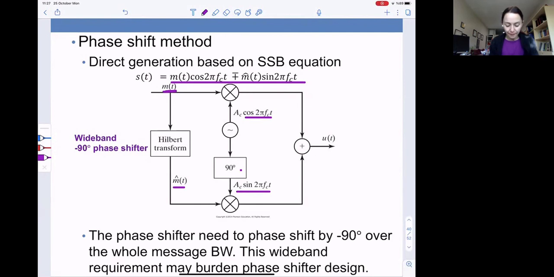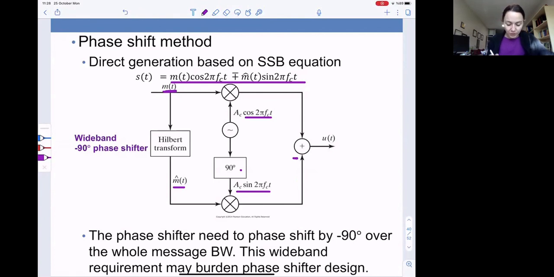And basically we add or subtract. Depending on whether it's SSB or DSB, we could have a minus or plus here.